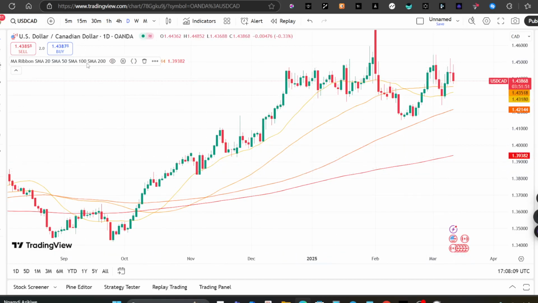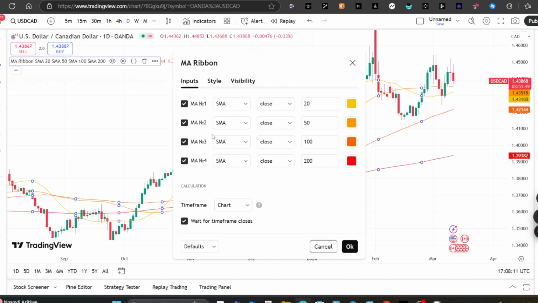Essentially, the ribbon consists of several moving averages. You can see that it consists of four different moving averages: 20 SMA, 50 SMA, 100 SMA, and 200 SMA, although you can modify the period values.